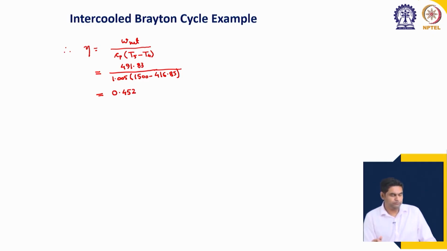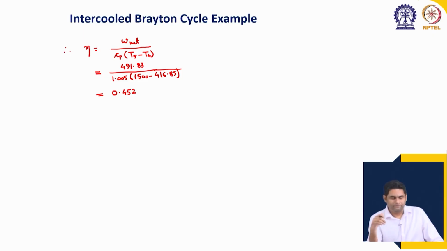So, if you compare this, you will see that the efficiency is lower slightly than the standard Brayton cycle. Okay. We will do a comparison later on in today's class. However, this is higher as compared to the cycle with only reheat, okay, because we have seen that the effect of intercooling is not as drastic.